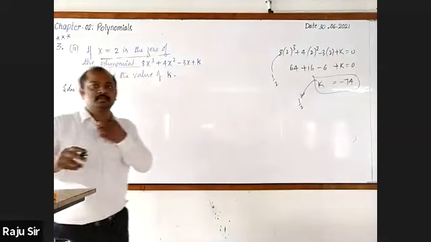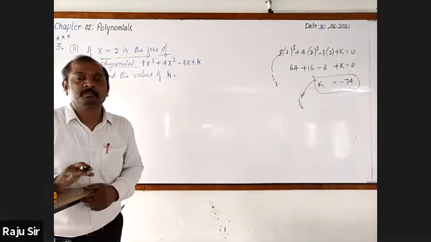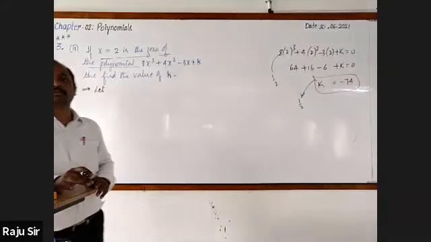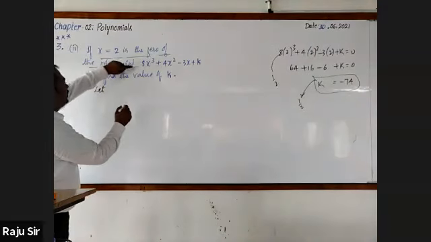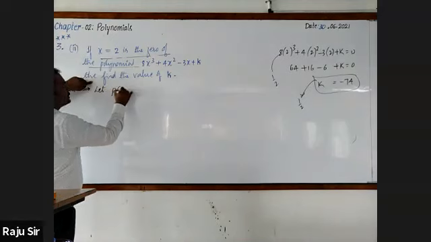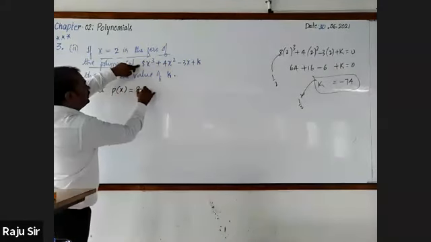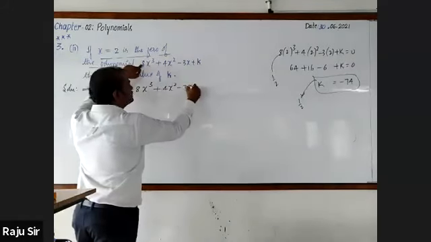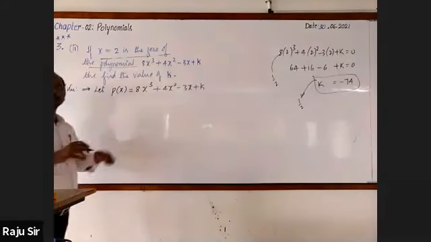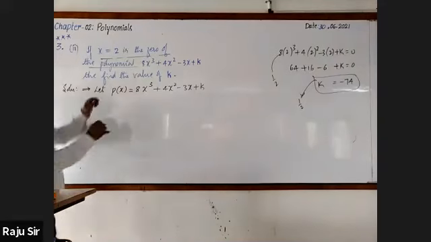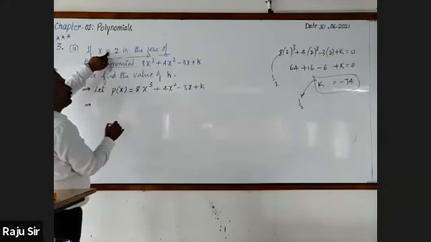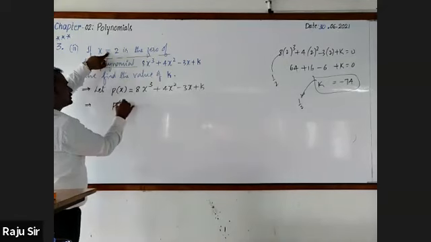Even those who have not done, please write with me, and those who have done, you can cross check with my writing. I'll write the given polynomial. It is p of x is equal to 8x cubed plus 4x squared minus 3x plus k. Then here I'll find out the value of p of 2 because x is 2.